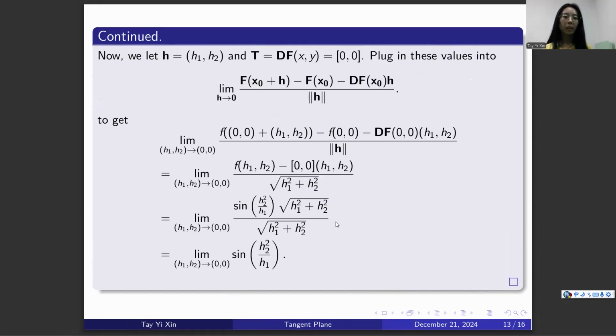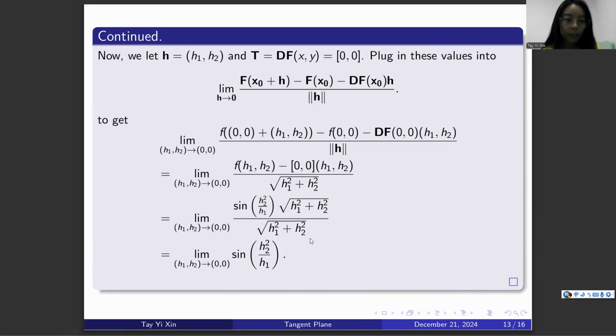Now we let h equal (h1, h2), and T is the Jacobian, which is equal to (0, 0). Then we plug these values into this equation to get the limit as h approaches 0 of f((0, 0) plus (h1, h2)) minus f(0, 0) minus the Jacobian at the point (0, 0) times (h1, h2).